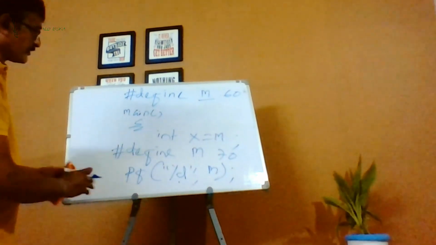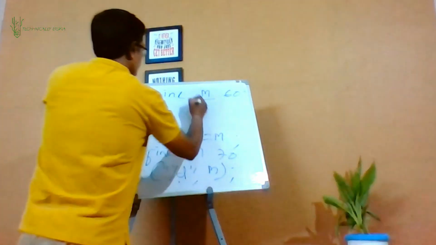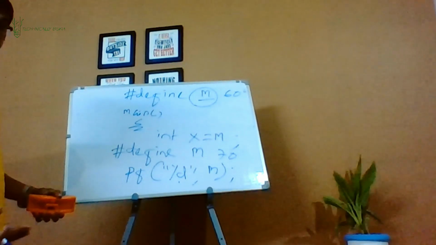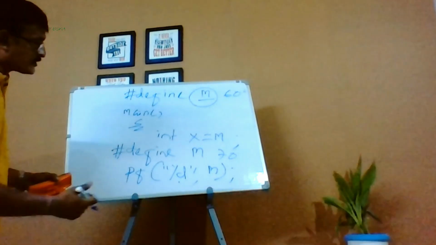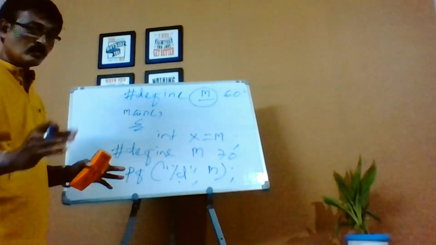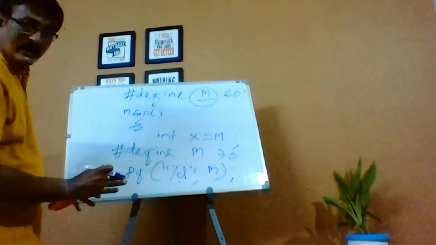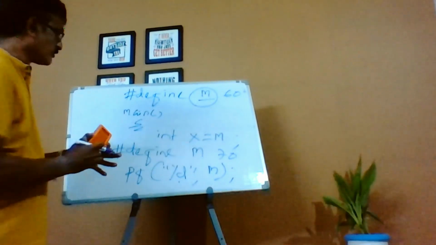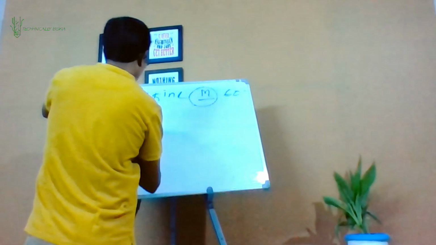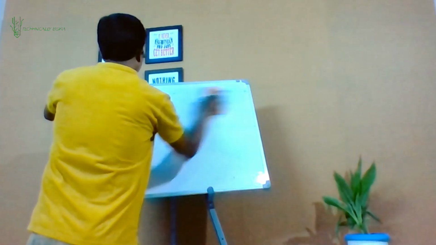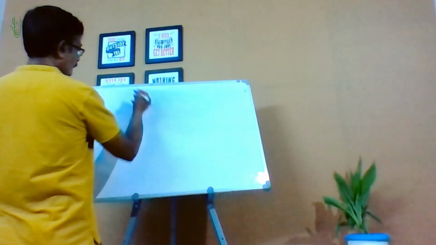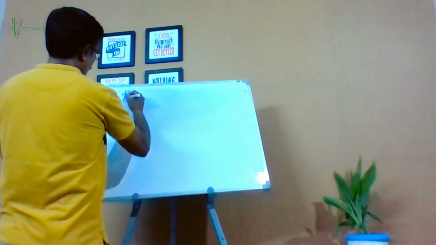Clear with this? Now, as I said, this is called a symbolic constant. It also has another name. What is that? Macro. Generally, macros are categorized into two: a simple macro and a macro with arguments.